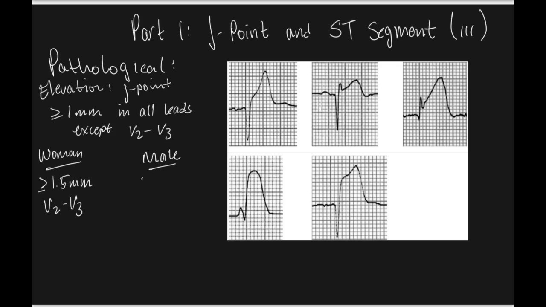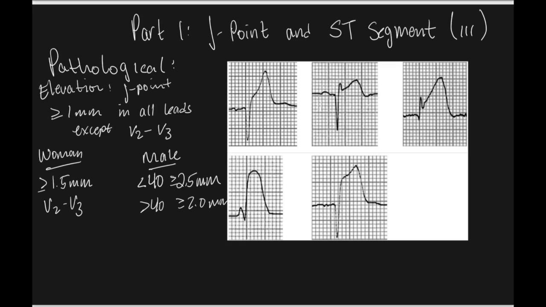In males, if you're less than 40 years old, we typically have stronger hearts, so we need 2.5 millimeters of elevation. If you're greater than 40, you typically need 2.0 millimeters of elevation.